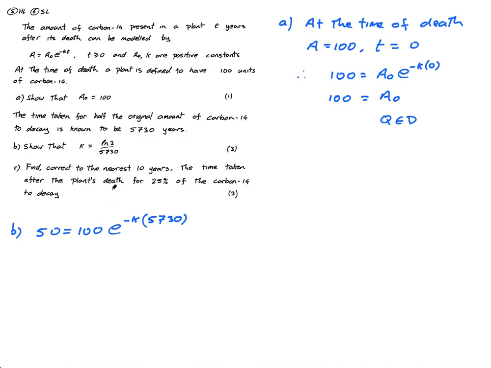Luckily, I'm really good at logs, so I will be able to do that. 50 divided by 100 is just 1 over 2. So 1 over 2 is equal to e to the negative 5730k, which means if I use logs, I can say negative 5730k equals ln of a half.